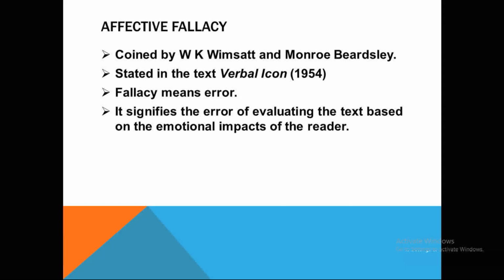Subjective criticism is actually a kind of error in criticism, according to W.K. Wimsatt and Monroe Beardsley. They say there is an error in analyzing literature when you analyze it based on the impact it has made upon the readers.